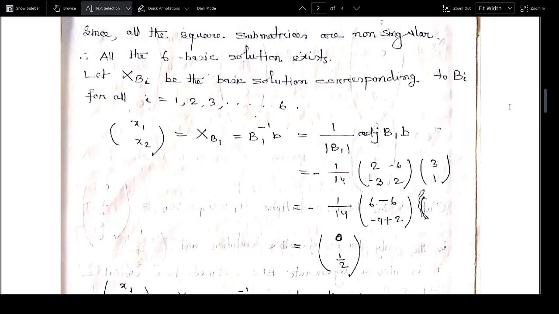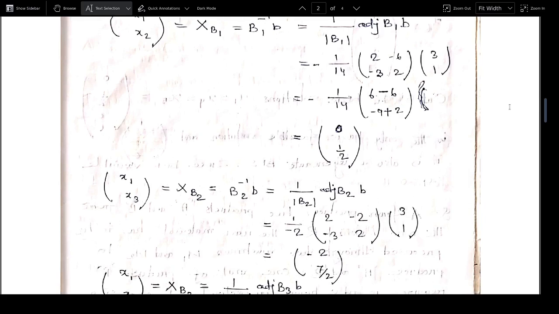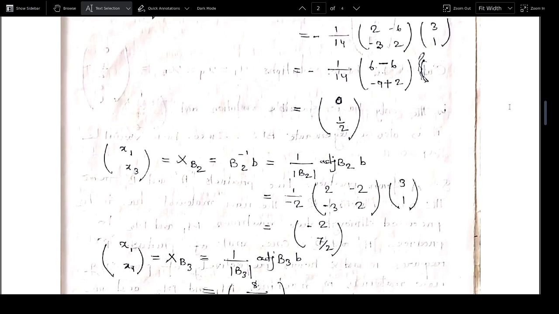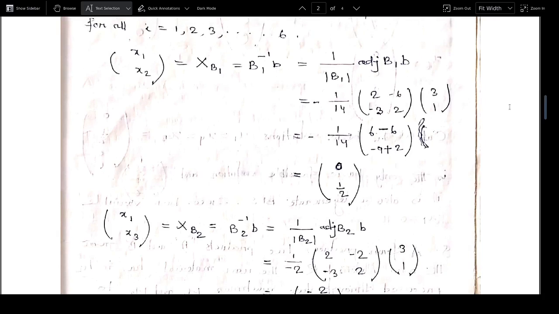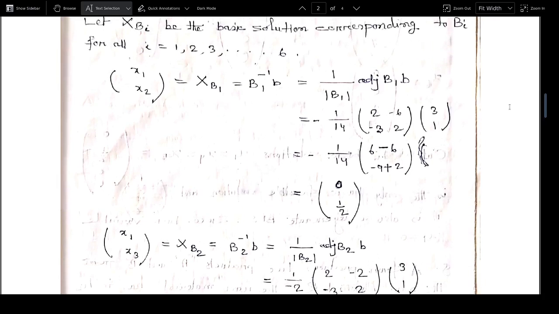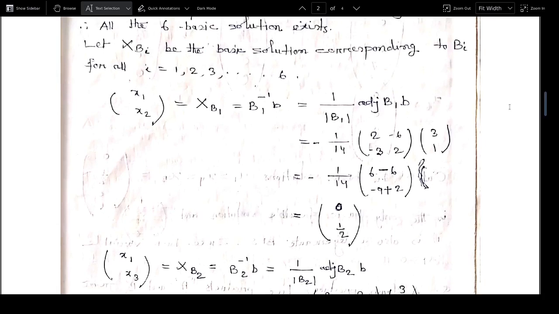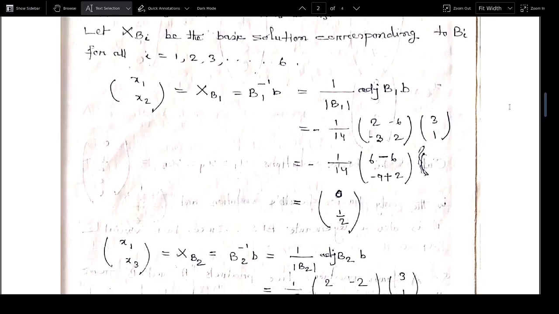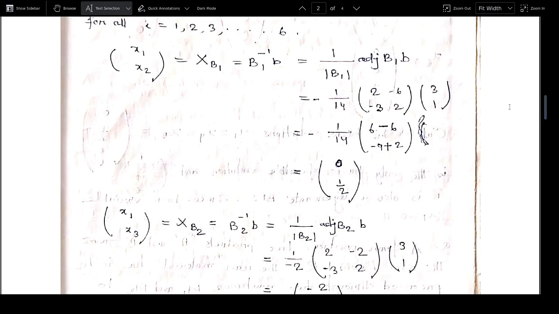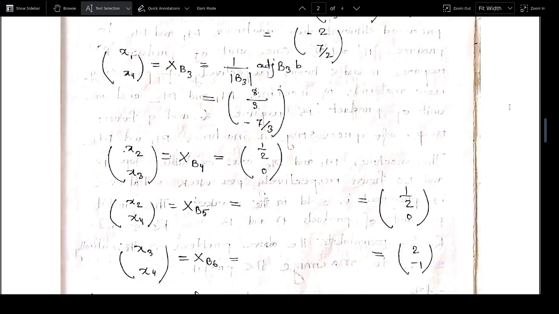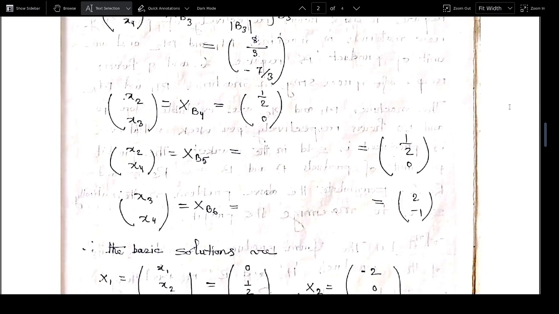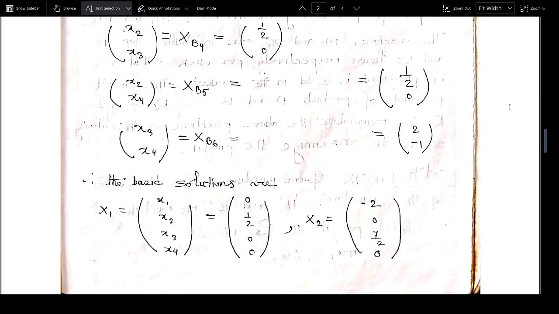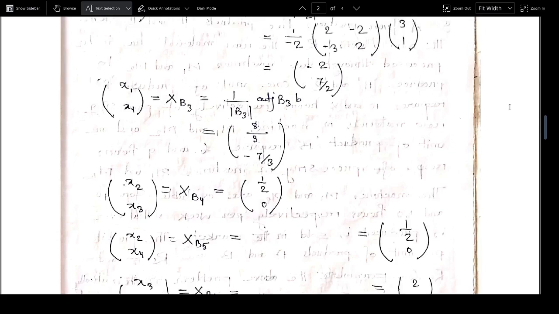Similarly, you find out x1, x2, then x1, x3, then x1, x4, then x2, x3, then x2, x4, then x3, x4. In this way, you find out, right? So all the values you will calculate.